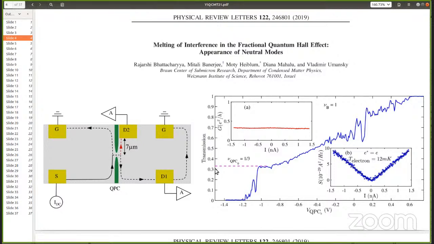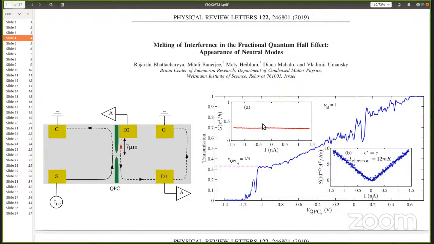First of all, the formation of this plateau is very strange, because if you have a plateau, it implies that there is a 1/3 mode which is being transmitted through the QPC, but we do not expect such a mode to exist from orthodox pictures of the nu equals 1 phase.